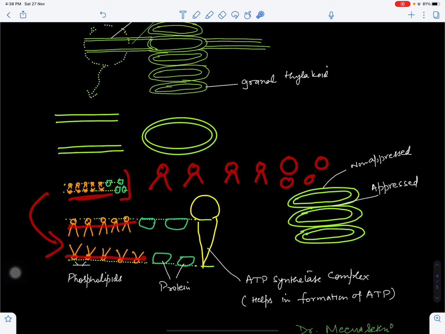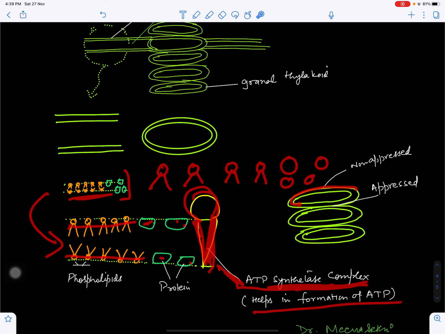This is another layer of phospholipids. And these are the proteins. And in the membrane there is also a complex. This helps in the formation of ATP. This is called the ATP synthetase complex. This helps in the formation of ATP. That's why it is called the ATP synthetase complex. Part of it is embedded in the membrane and part is here like this.